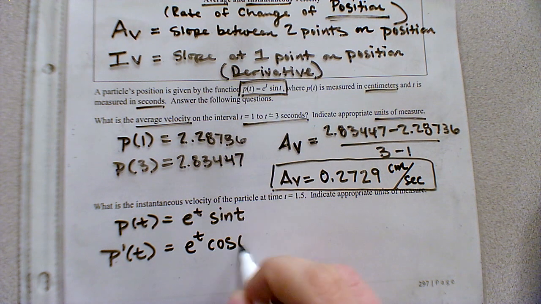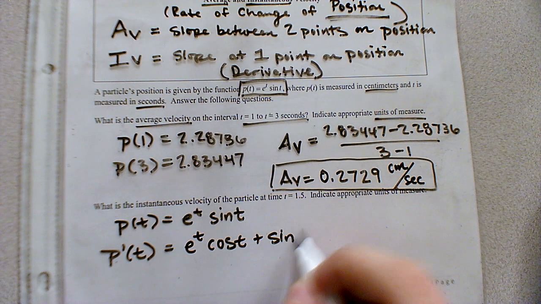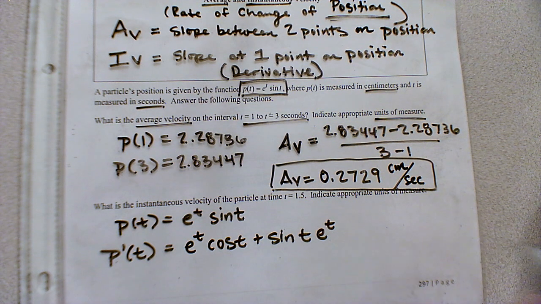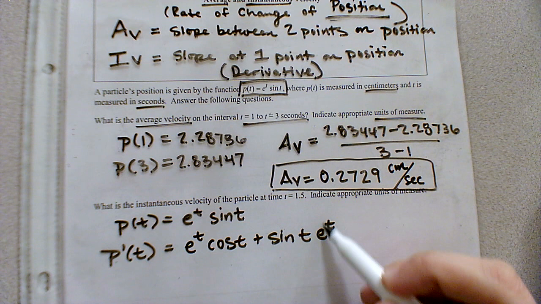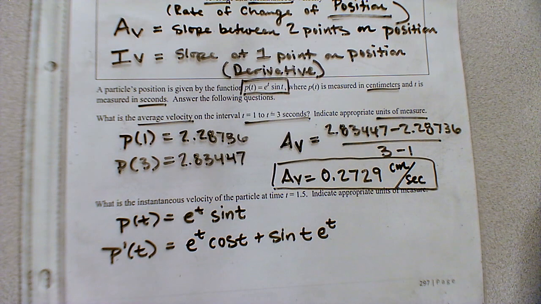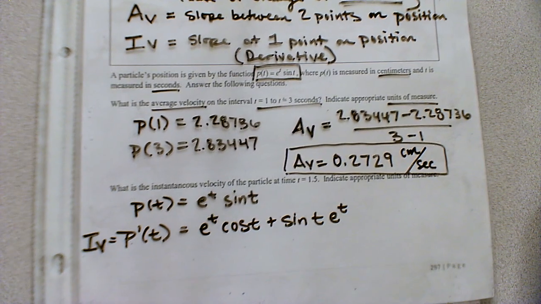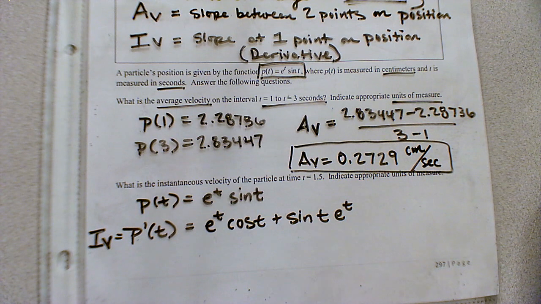We'll have 1 d2 plus 2 d1. The derivative of e to the power is e to the power. Technically, we should multiply by the derivative of the power, but the derivative of t would just be 1. So this is actually our instantaneous velocity function, okay, the derivative, the rate of change at 1 point.